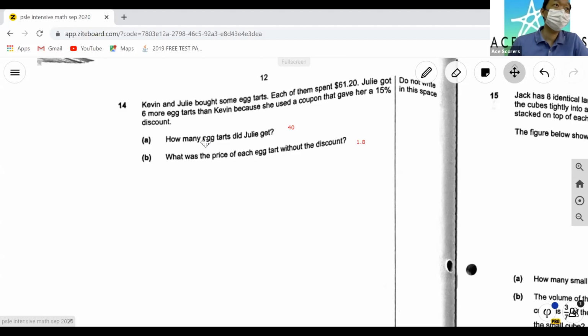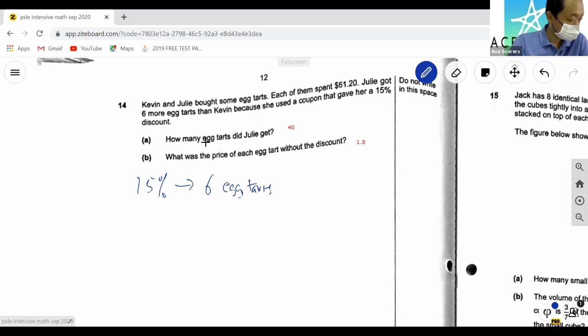What's 15%? 15% is equal to 6. Now 15% of the cost is 6 egg tarts. So 1% of the cost is equal to 6 over 15.